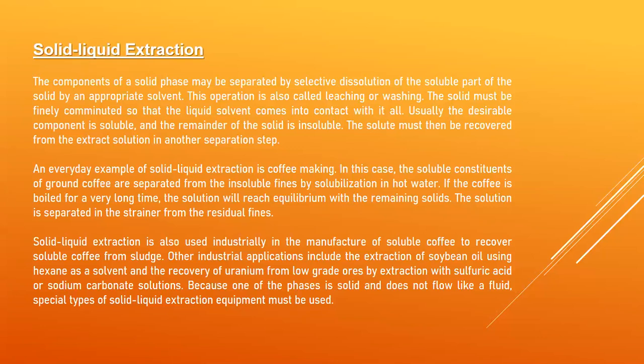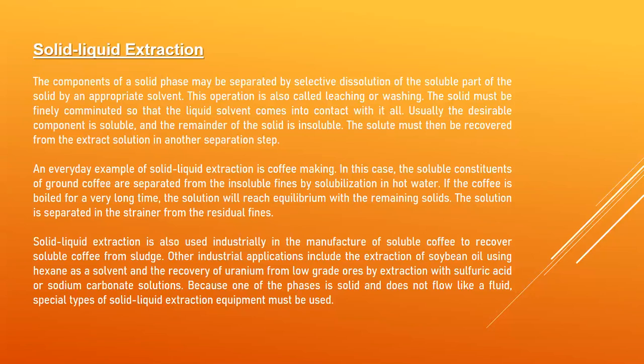Now, an everyday example of leaching is coffee making. In this case, the soluble constituents of ground coffee are separated from the insoluble fines by solubilization in hot water. So your solid matrix is your coffee grounds, and your solvent in this case is hot water.